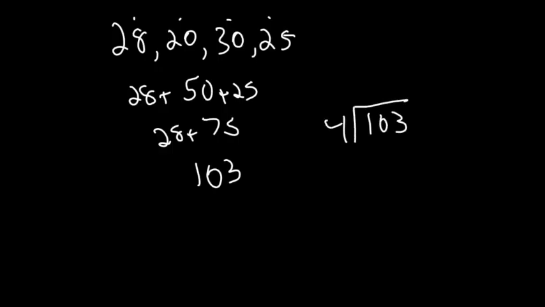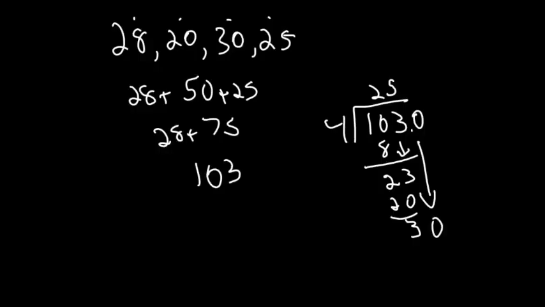Alright, 4 will go into 10 twice, which is 8. 10 minus 8 is 2. Bring down the 3. 4 goes into 23 5 times, which is 20. Subtract, I get 3. Add a decimal and a 0. Bring the 0 down. 4 goes into 30 7 times, which is 28.